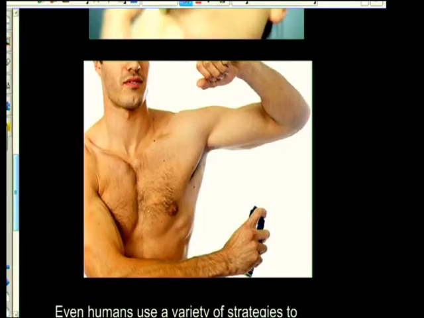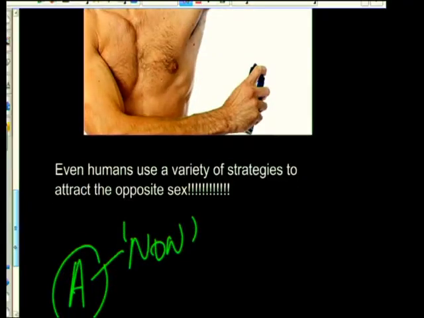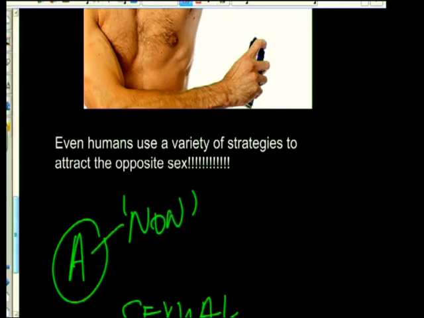When the males are using the deodorant and the rest of it, and you've seen the adverts for deodorant and the makeup and perfume for ladies, you would always see that they use the adverts showing the effect of this particular makeup or deodorant or perfume in its powerful attraction of the opposite sex. So that's what we are talking about. So here we go. Even humans use a variety of strategies to attract the opposite sex. Maybe not for the actual purpose of reproduction, but nonetheless.